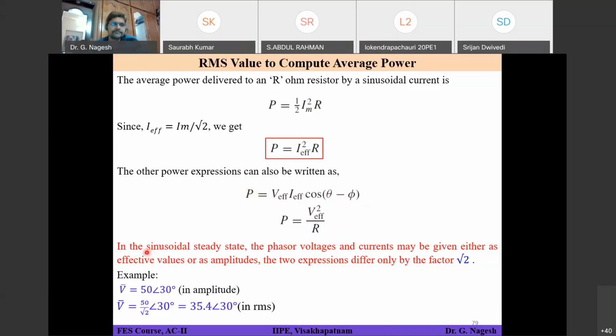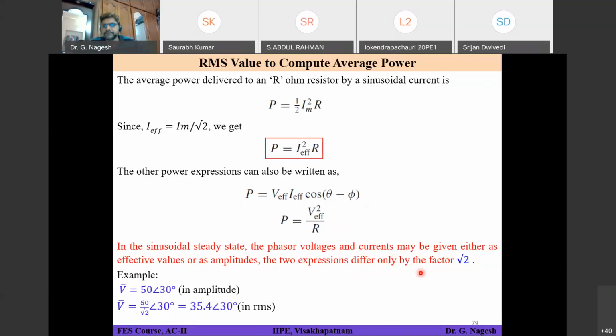Next, in the sinusoidal steady state, the phasor voltages and currents may be given either as effective values or as amplitudes. The two expressions differ only by the factor √2. Till now we have seen phasor voltage, which I have given as Vm at an angle of theta.